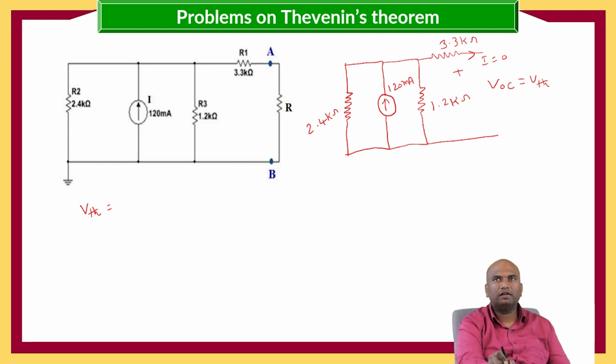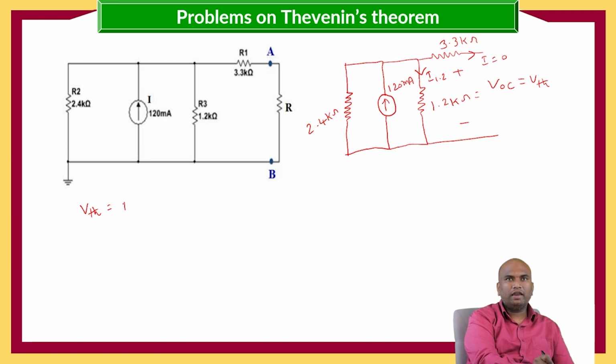So the open circuit voltage is nothing but the voltage across 1.2 kilo ohms or 2.4 kilo ohms, because both are connected in parallel. So first let us take the voltage across 1.2 kilo ohms. So I 1.2 into 1.2 into 10 cube.